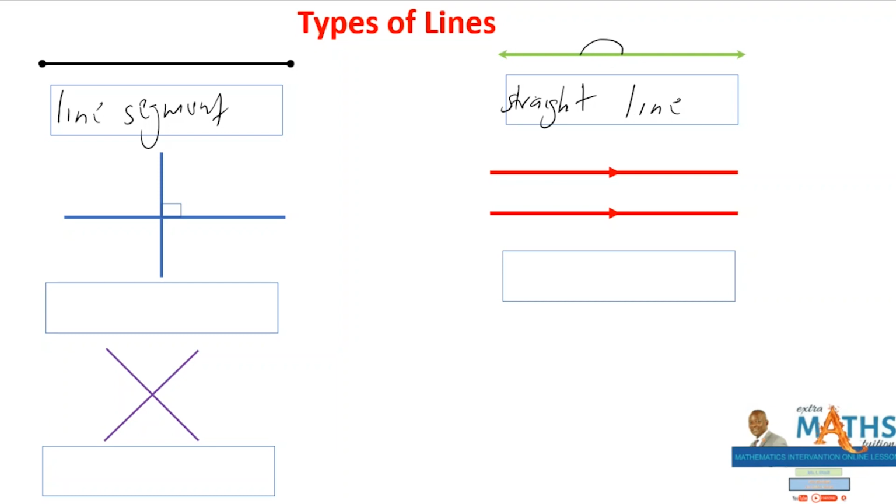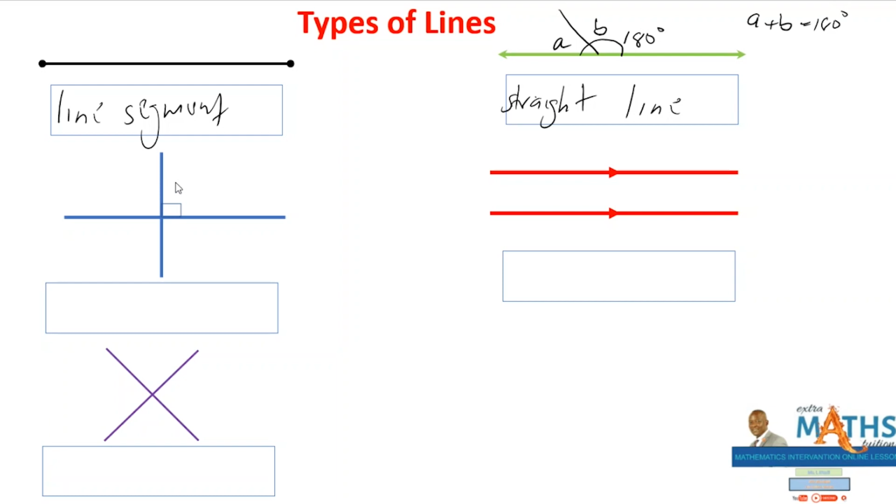Remember that the angle on a straight line is 180 degrees exactly. And remember that we can have adjacent angles, which are A and B, and the sum of these angles, A plus B, is equal to 180 degrees exactly.